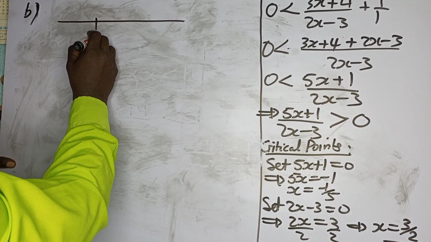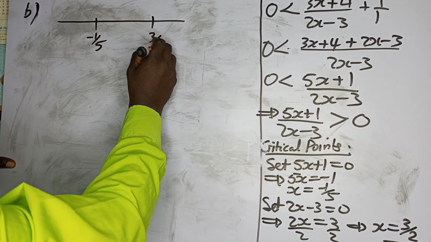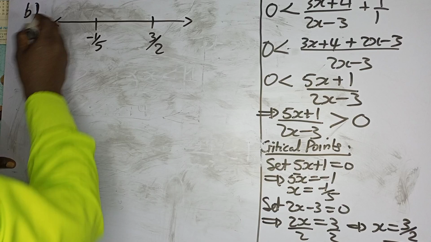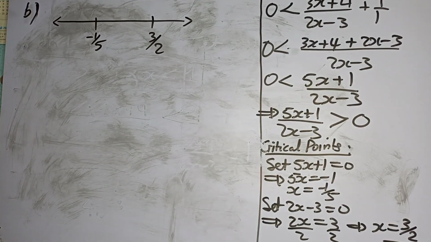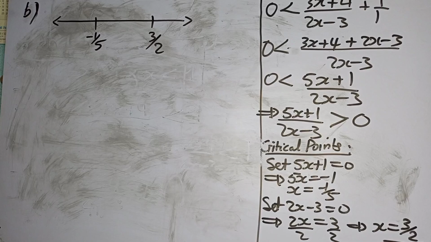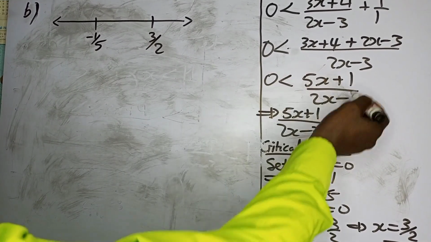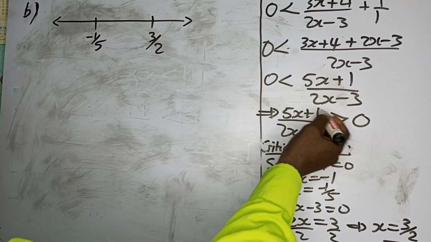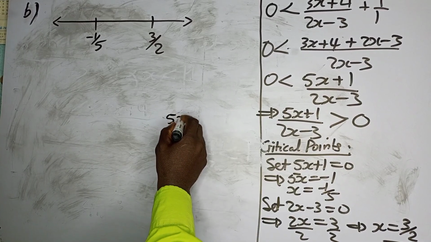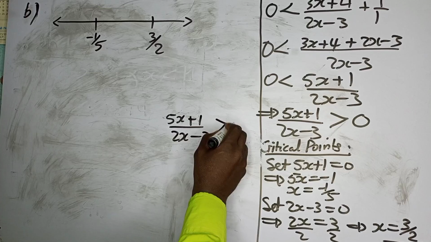Negative 1/5 is to the left, and 3 on 2 to the right. So we also have three zones to test: this zone, this zone, this zone. Where are we testing? We are testing on this expression, which is written in a better form.